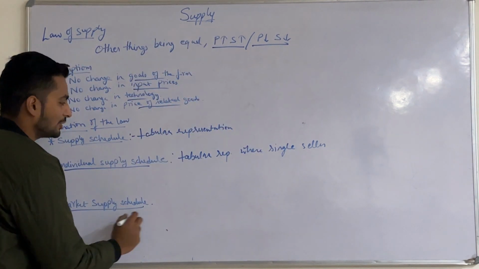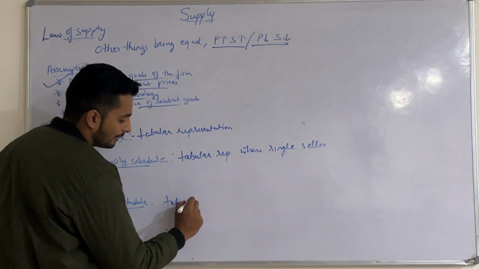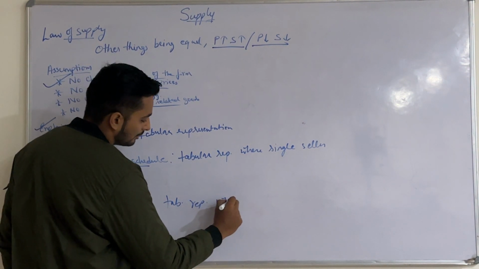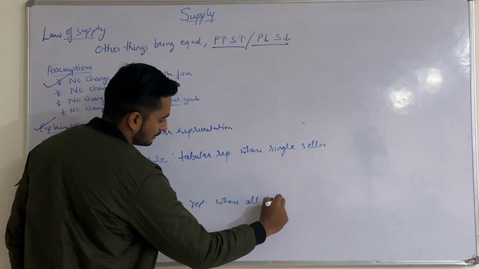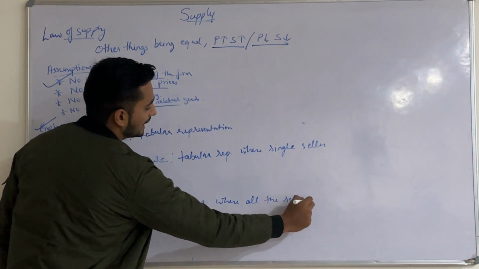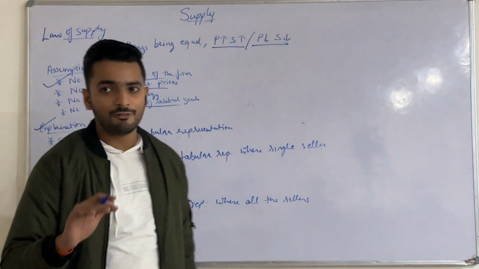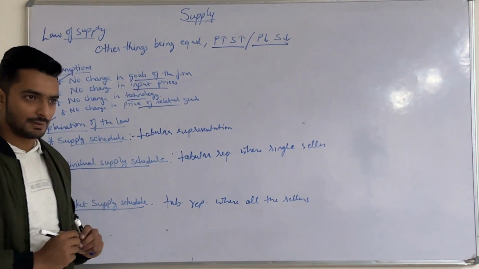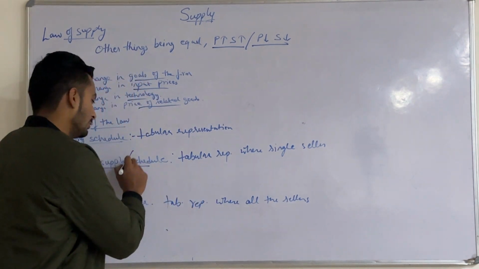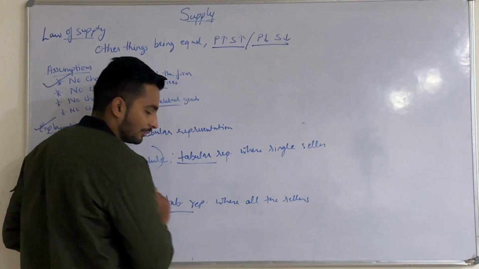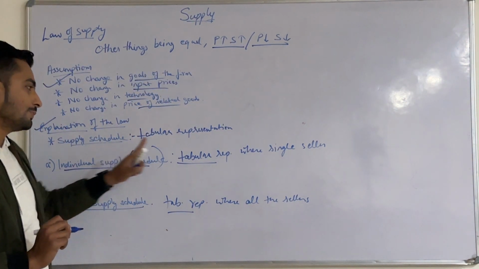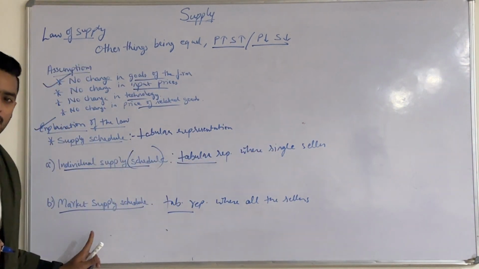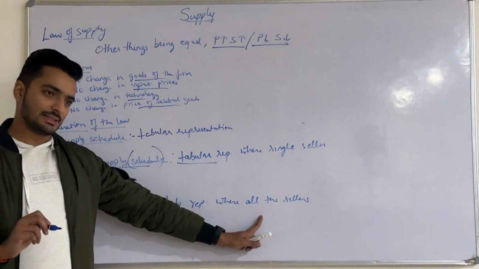And market supply schedule is a tabular representation where all the sellers are willing to sell at a particular price during a period of time. In a schedule it's a tabular representation; in individual, a single seller is willing to sell, and in market, all the sellers are willing to sell.